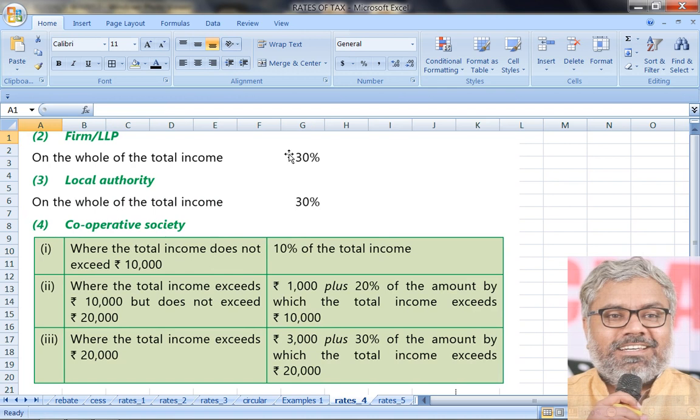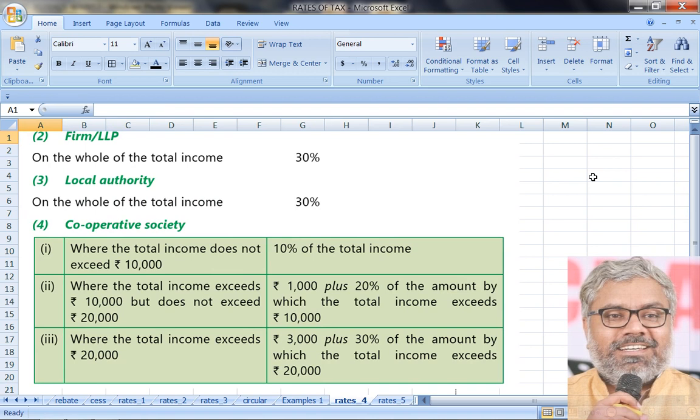Imagine a firm has only 10,000 profit. Will it pay any tax? Answer is yes, it should. 10,000 into 30%, it should pay 3,000 tax. Of course, plus 4% cess is common always.